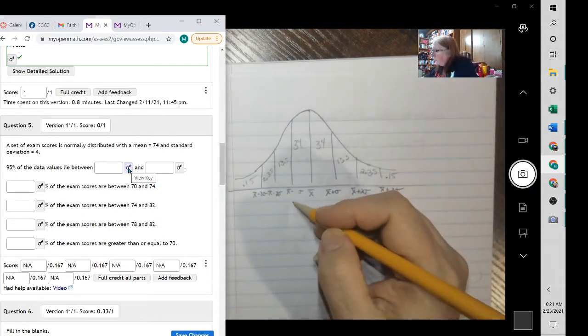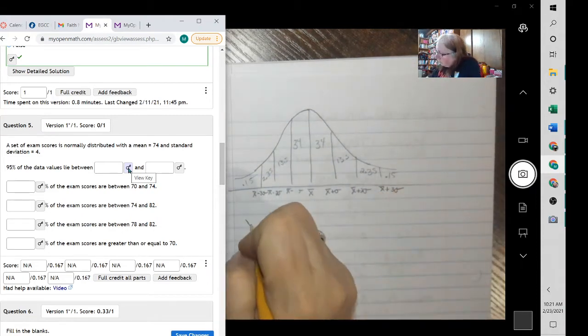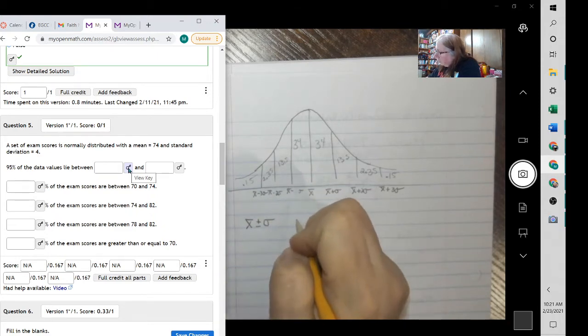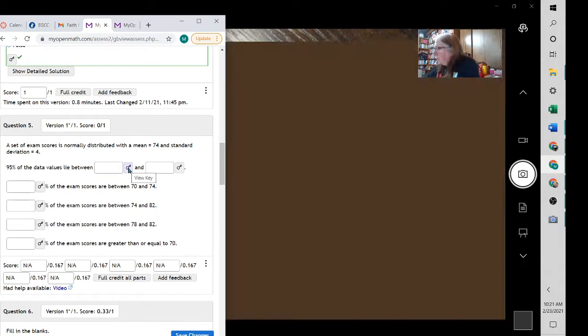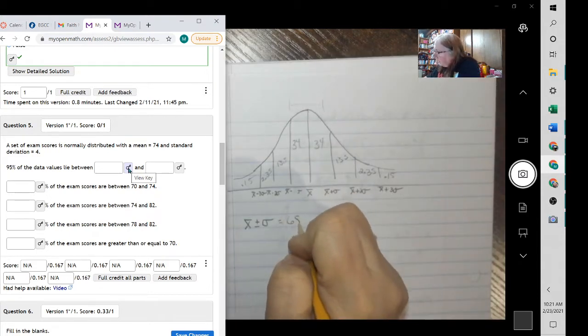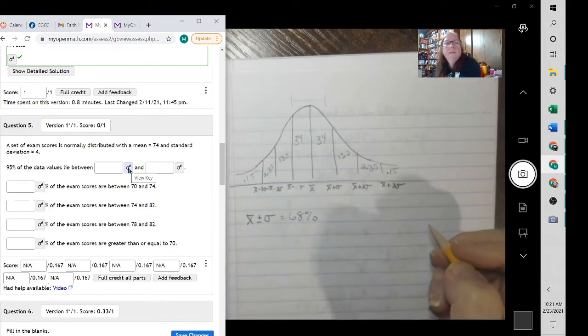So within 1 standard deviation is 34 and 34, or 68% of the data.